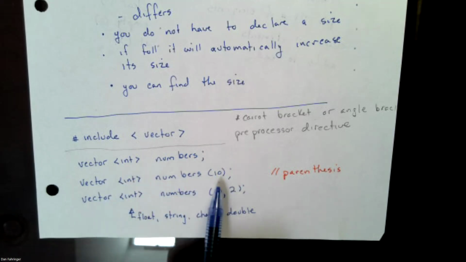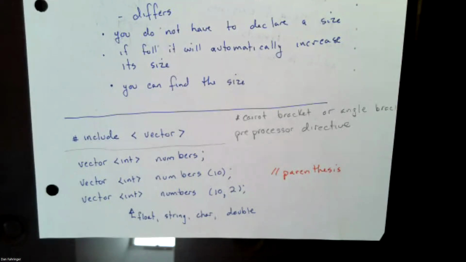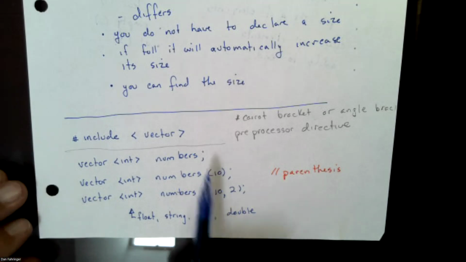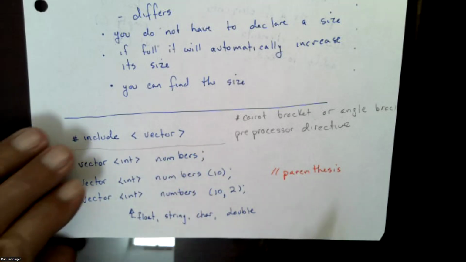Might need less, but I want to reserve at least the first 10. I want a vector number, but I want to fill them. This is kind of cool. I want to fill them all with twos. So we have a bunch of different ways of defining a vector to get us up and running. Questions? This is my declaration section, what I want with vectors.